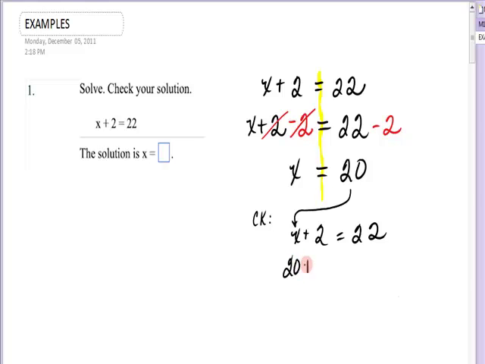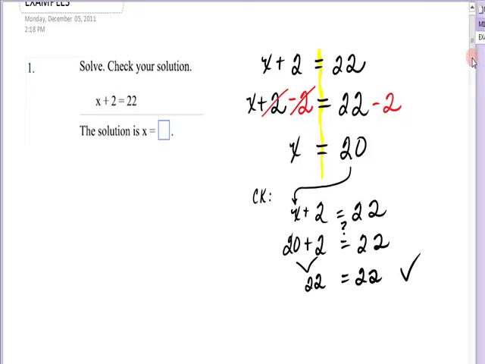Is 20 plus 2 the same as 22? The answer is yes. So you could actually do that, or you could just look at it and say, yes, that's going to check. The check is a different process than the solution, and you may do it if you'd like. The instructions say to. That is your choice if you want to check it.